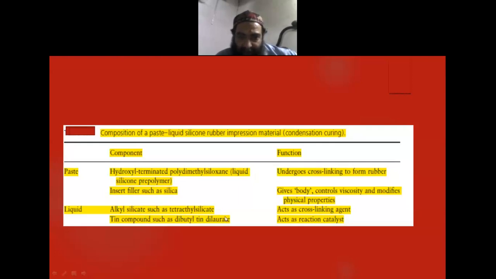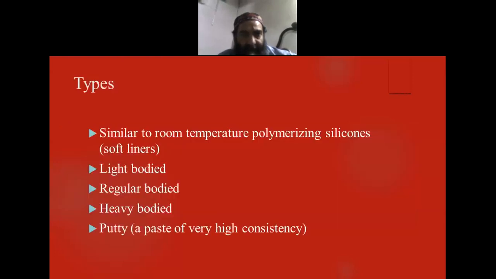Liquid alkyl silicates such as tetraethyl silicate act as the cross-linking agent, already described. Tin compound such as dibutyl tin dilaurate is a catalyst. Types: similar to room temperature polymerization silicone which you are using in your household environment.